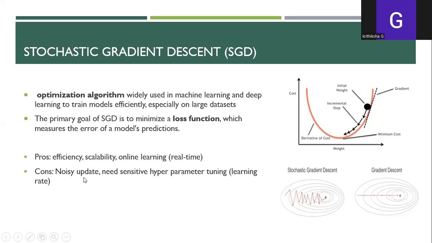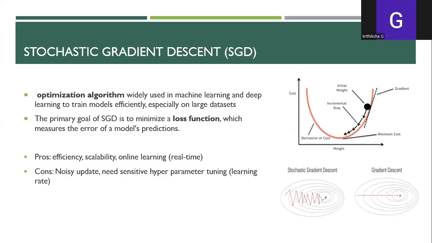we have to see, before knowing why the noisy update is happening, the gradient concept. So in the gradient concept, in order to reduce the loss function, it finds the increasing direction of the error, where the errors are arising in the model.